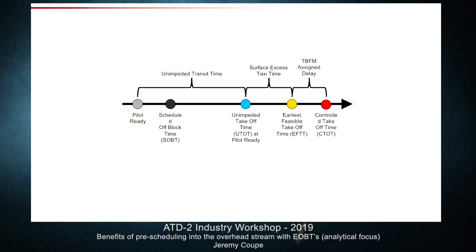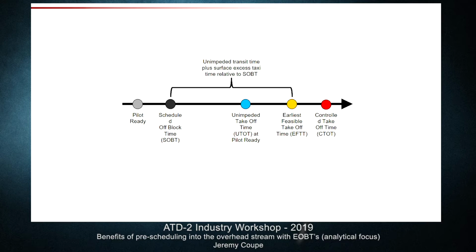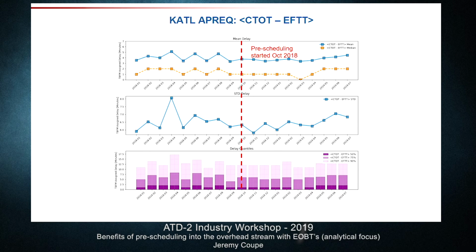So I think this little bit of error between when the pilot is actually ready and the scheduled off-block time is where those last couple of minutes of predictability are coming from.